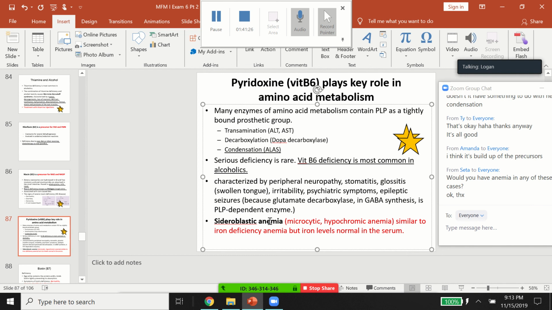Sideroblastic anemia is the name associated with vitamin B6 deficiency anemia. And since iron deficiency anemia also causes microcytic hypochromic anemia, the way to differentiate them is that your serum iron levels are normal with sideroblastic anemia, because that's not an iron deficiency, right? It's a vitamin B6 deficiency.